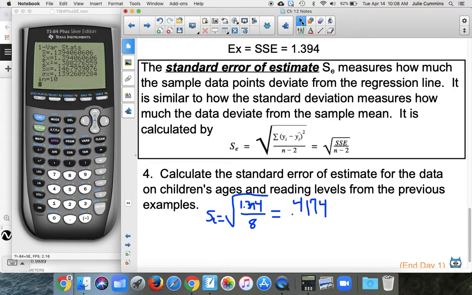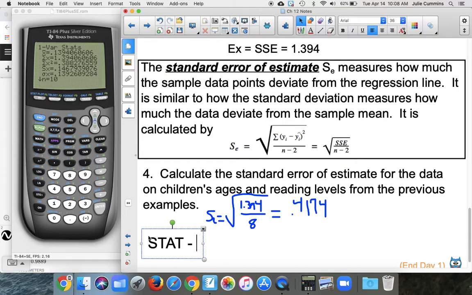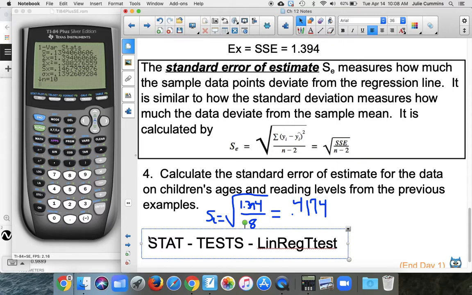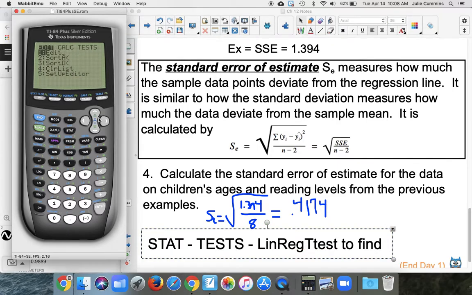All right, and with just about everything else that we have, the calculator is going to do this. Remember how I said our linear regression t-test is fantastic? So go back to stat, tests, and run a linear regression t-test again.